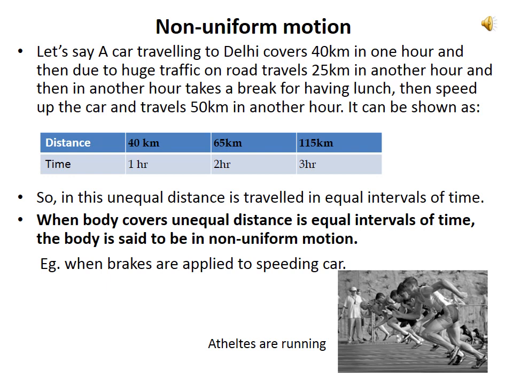It can be shown as in the figure. The table shows distance and time: 40 kilometers in the first hour, 25 kilometers in the second hour, and 50 kilometers in the third hour. In this case, you see that unequal distances are traveled in equal intervals of time.